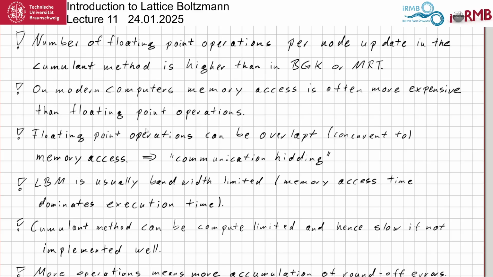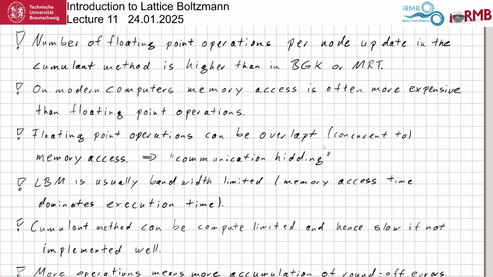And what you could do in principle, and this is the reason why there may actually be no difference, is that modern computers can concurrently read and write from memory and do the floating point operations. So if you implement your code in a very careful way, it could be that the floating point operations do not cost anything with regard to time, because they are all done while reading other data.